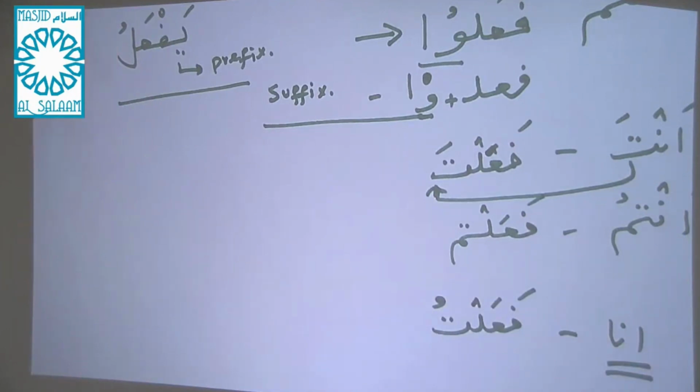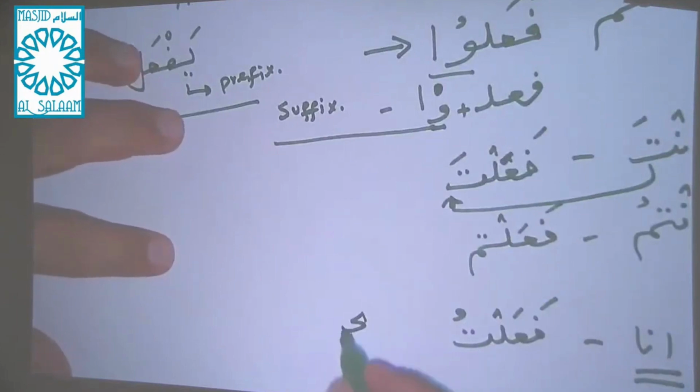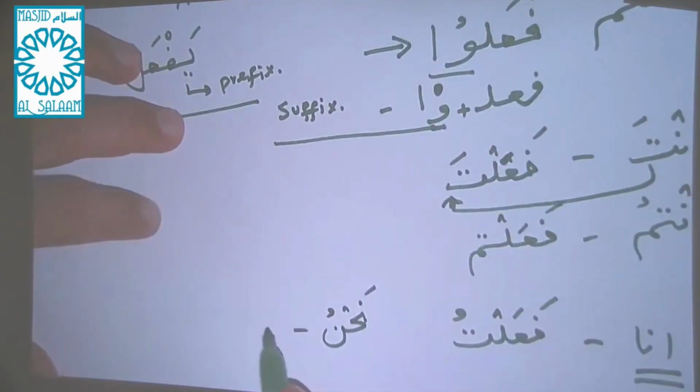So next time, as a quiz question, if I ask you, what is the pronoun of fa'ala, you say huwa. If I say fa'altu, you're going to say ana. If I say fa'alna, you're going to say nahnu, because the next one is nahnu. So then I'm saying fa'alna.